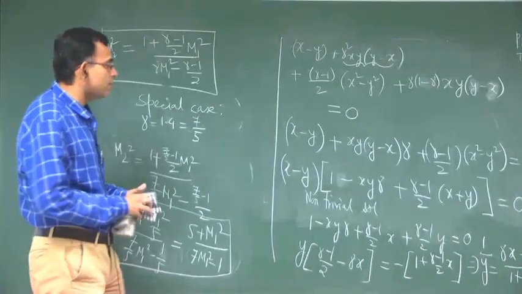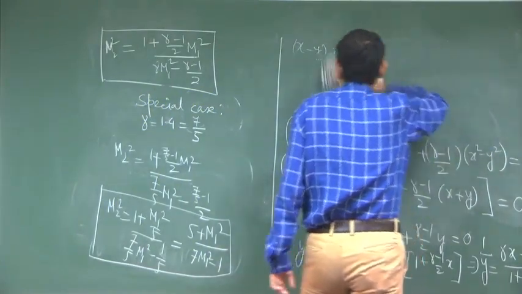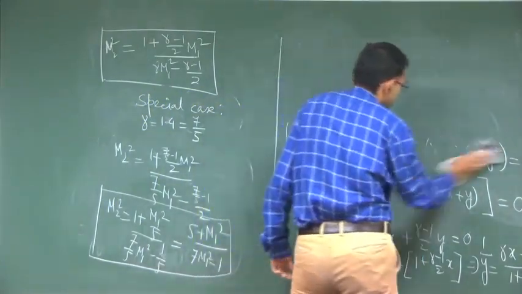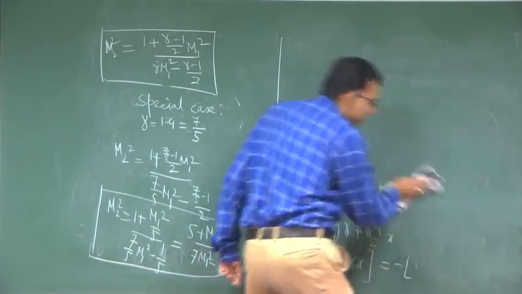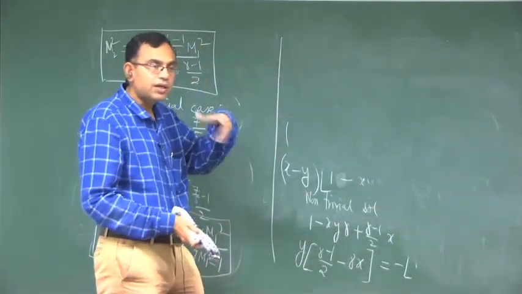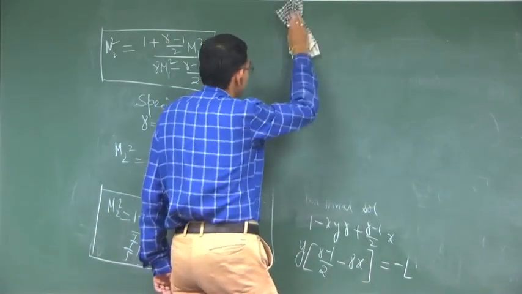Now, if you plot m2 square and m1 square in a graph, see, the algebra was quite tedious, but it is worth going through this exercise, because then only you can recover the trivial solution also as a part of the algebraic process.